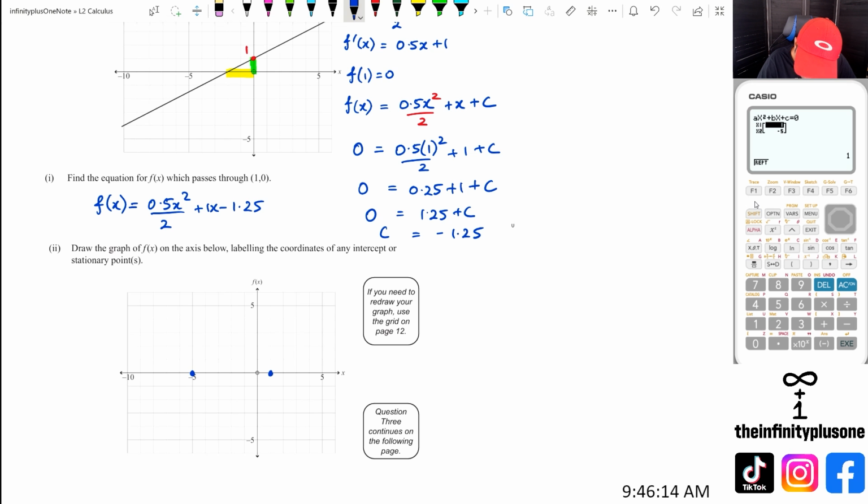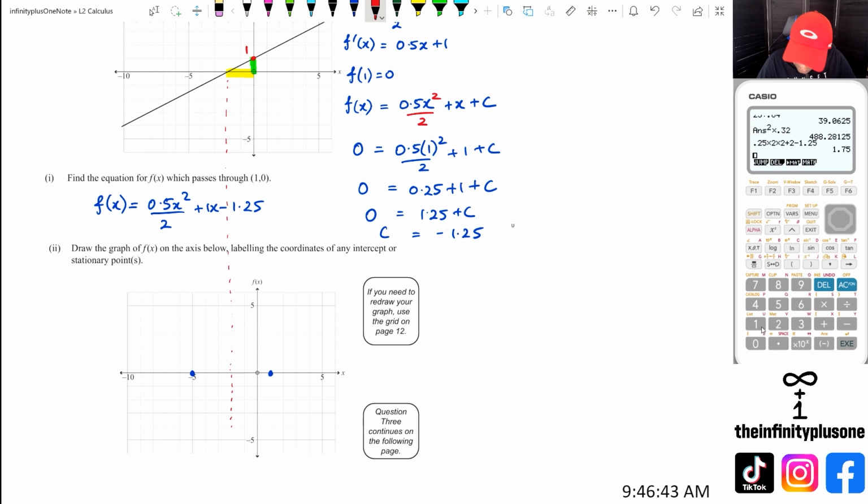Now I know that the turning point is happening right, sorry, I'm just going to go through this. So that's like using line of symmetry. I know that the turning point is going to happen when x equals negative 2. So what I'm going to do is go back here. I'm going to go 0.25 times 2 squared plus 2 minus 1.25.